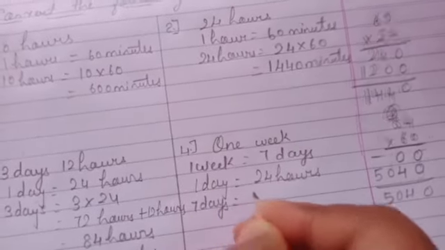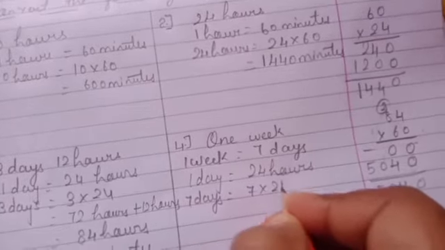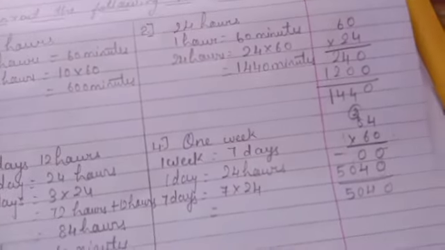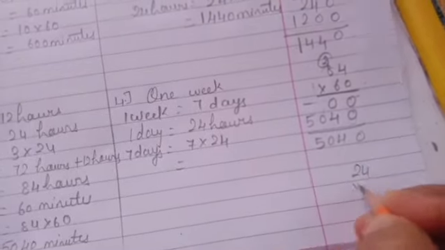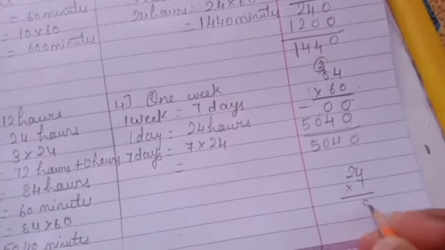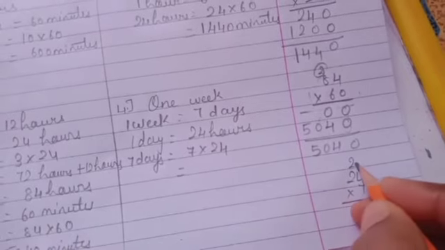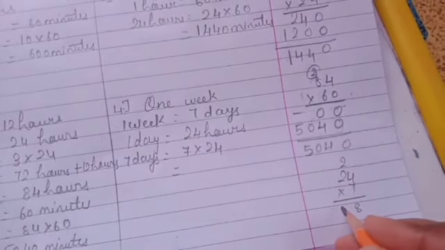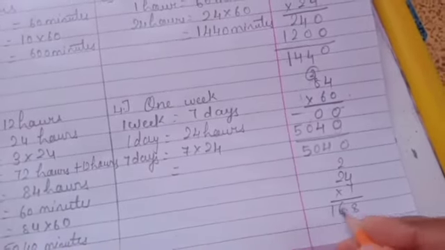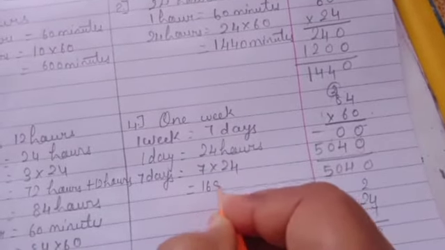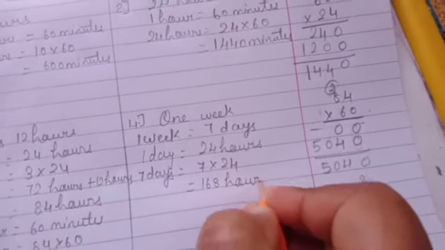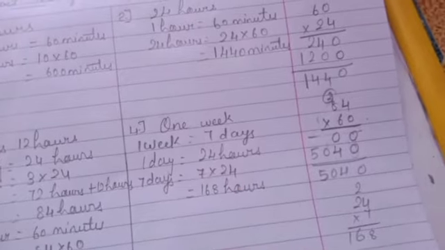So 7 days equal to 7 multiplied by 24. 7 fours are 28. 8 we will write down. 2 will be carried over. 7 twos are 14. 14 plus 2, 16. So 168 hours. Now these hours we have to convert into minutes.